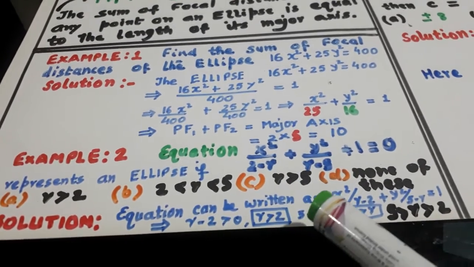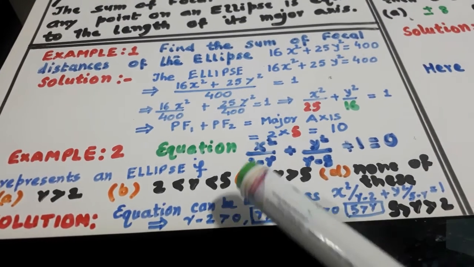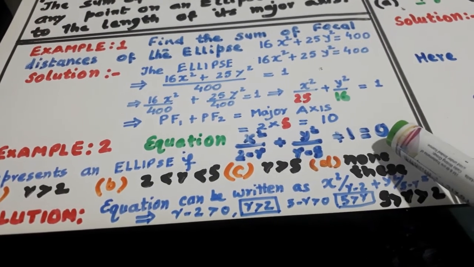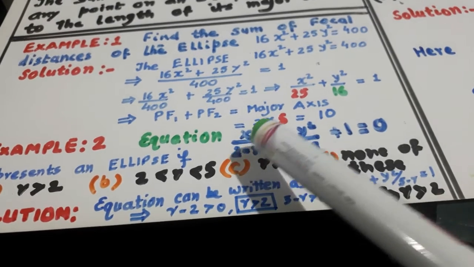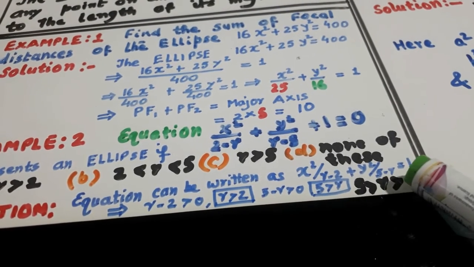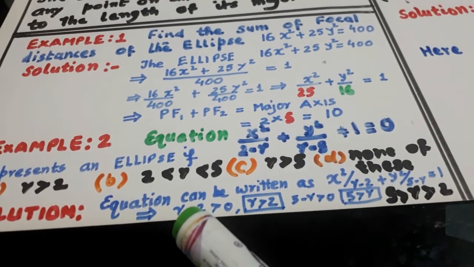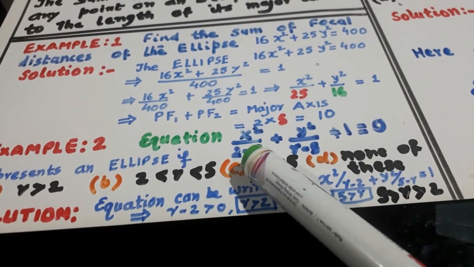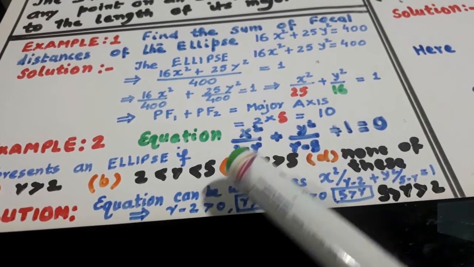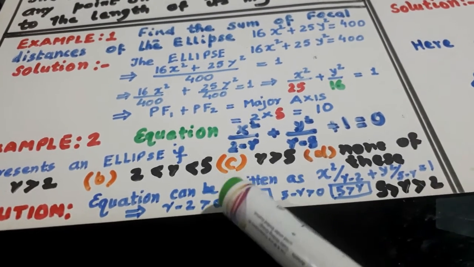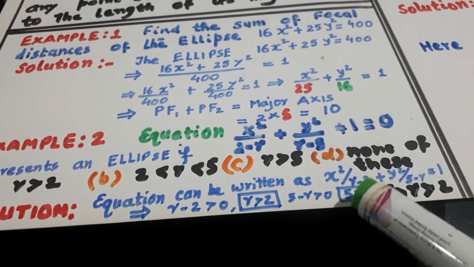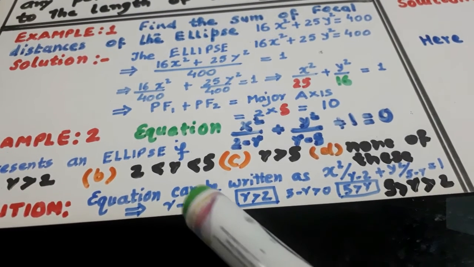Equation can be written as x square over r minus 2. See, this plus 1, take it to the other side and the sign changes, so r minus 5 will become 5 minus r is equal to 1. Since this is a square, and a square is always positive, r minus 2 will be positive.